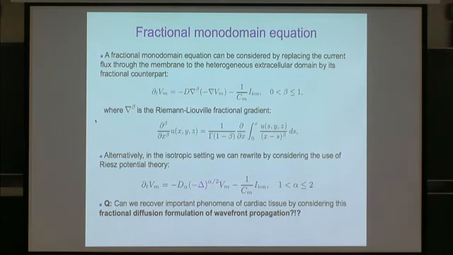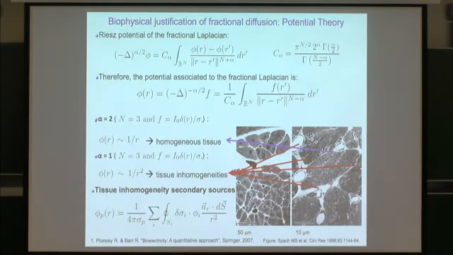But I have a different interpretation of why this makes sense, and it's to do with potential theory. So in actual fact, you can define a fractional Laplacian operating on some function just in terms of some appropriate integral. You can take the inverse of that thing and you get some other different integral.